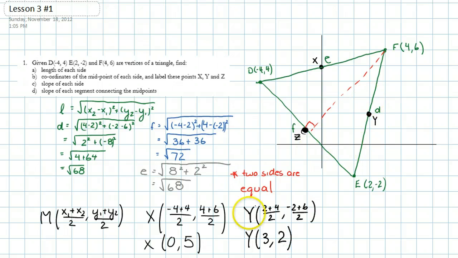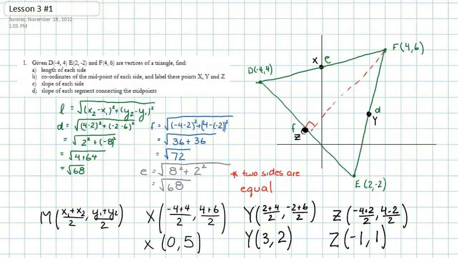Now remember, these are points, so there's no equal sign in between the name of the point and the brackets. And Z is going to be (negative 4 plus 2) over 2, comma (4 minus 2) over 2, which is going to give me negative 1, 1, which makes sense based on my diagram.